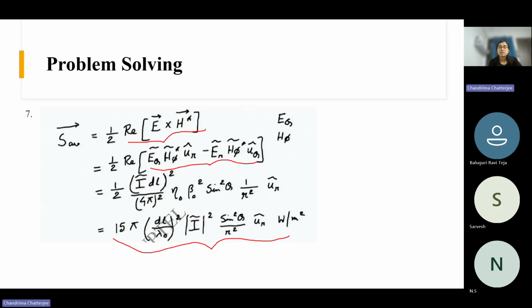This is the average power density. All these expressions come from electromagnetic theory, so you may brush up your electromagnetic theory, the vector multiplication, all these things.